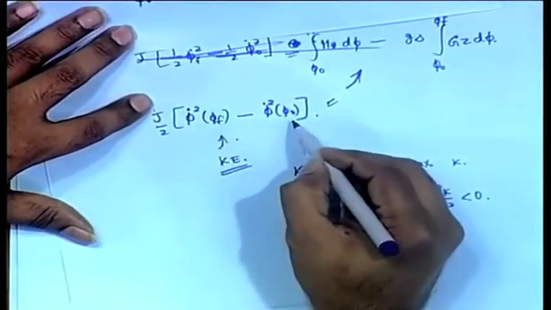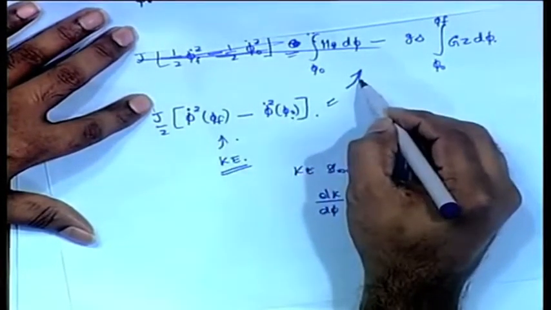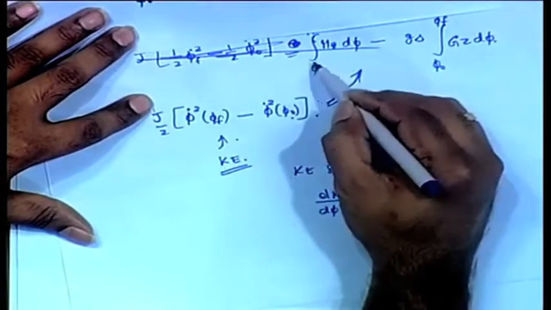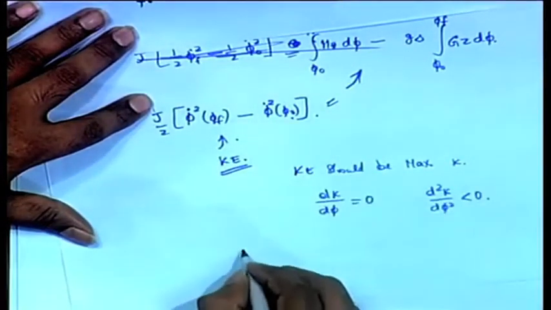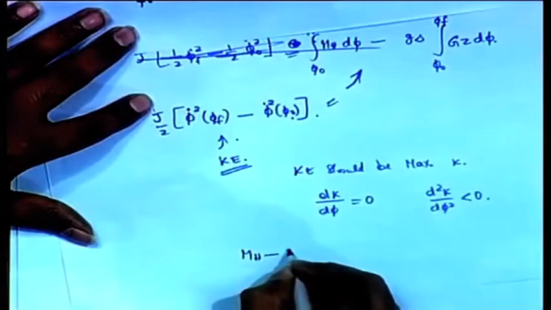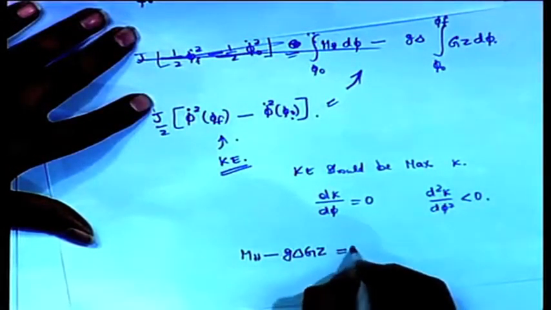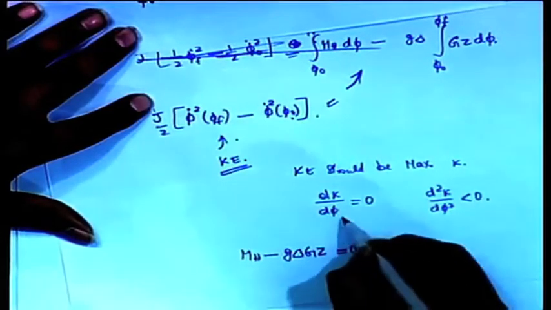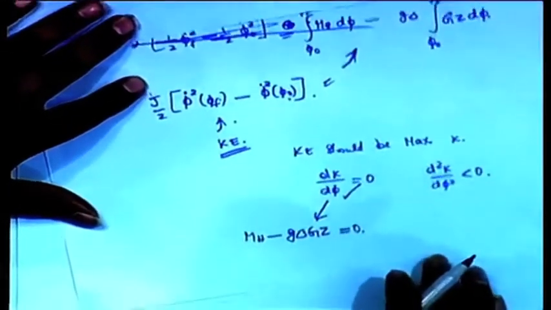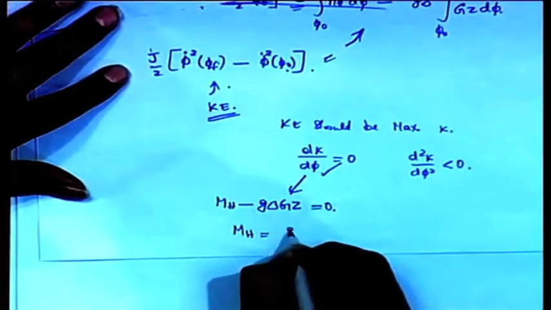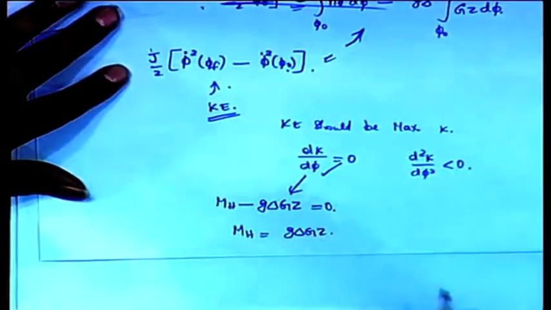As we have seen, this equation states that this value is equal to this value. So d by d phi of this is equal to d by d phi of this right side, which means mh minus g delta gz should be equal to 0. This is the first condition, which means that mh should be equal to g delta gz.